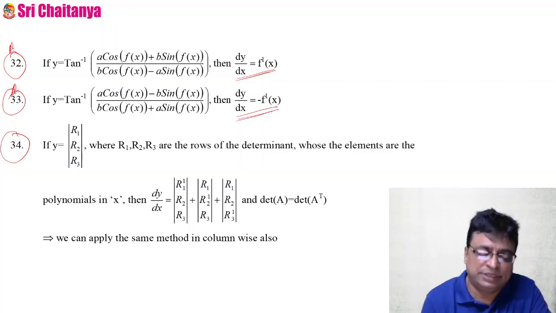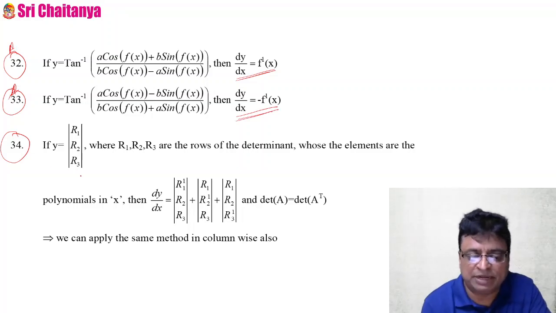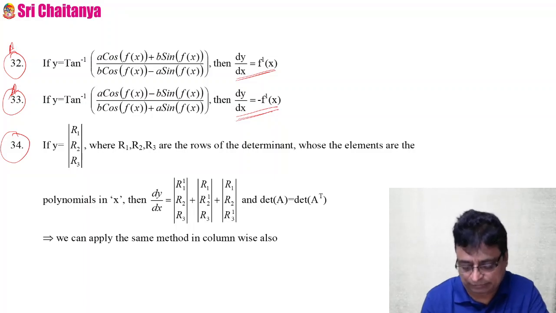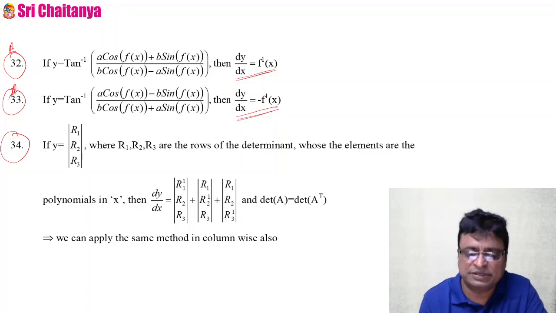34th problem. If y is equal to a determinant with rows R1, R2, R3, meaning first row, second row, third row. Suppose any determinant, 3 by 3 or 2 by 2, whatever it may be. In general, they ask you 2 by 2 or 3 by 3 only; 4 by 4 is not in your syllabus.